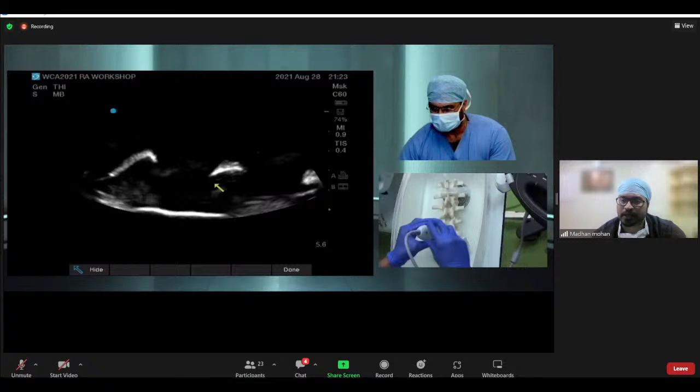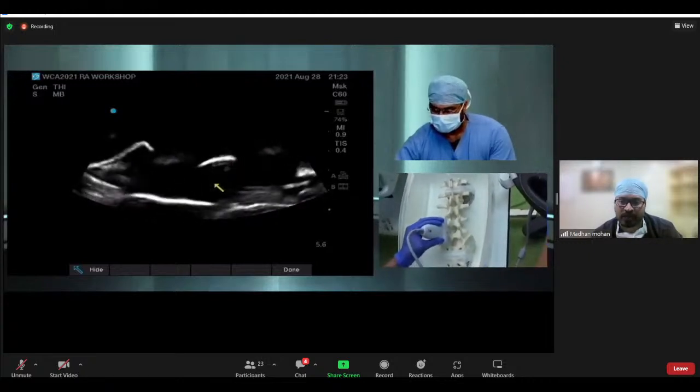One more view which I told, which will be better to see the vertebral canal contents and also helps us to do the real-time block, is the paramedian sagittal laminar oblique view or medial oblique view. After seeing the lamina, you give a midline tilt and try to beam the echoes towards the midline.